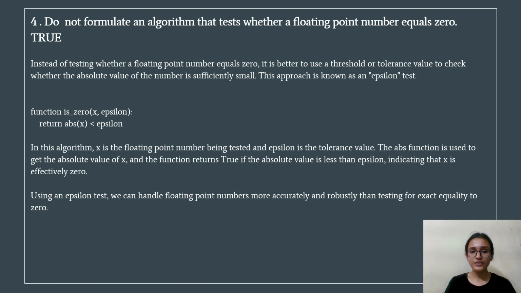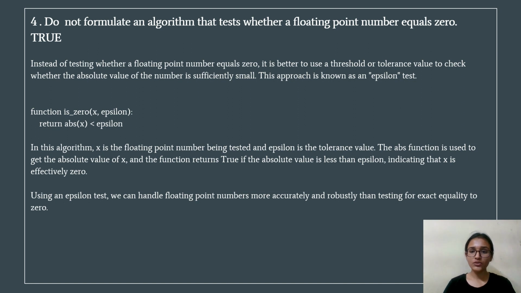So instead of testing whether a floating point number equals 0, it is better to use a threshold or a tolerance value to check whether the absolute value of the number is sufficiently small. This approach of checking whether the absolute value of a number is small or not is called the epsilon test.